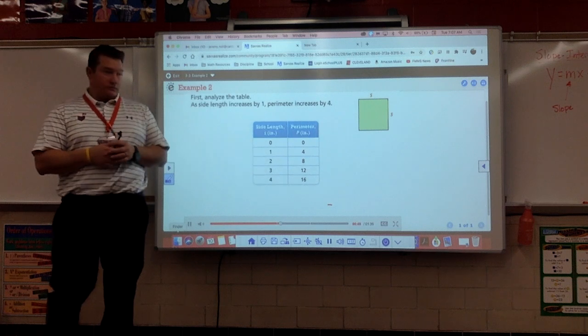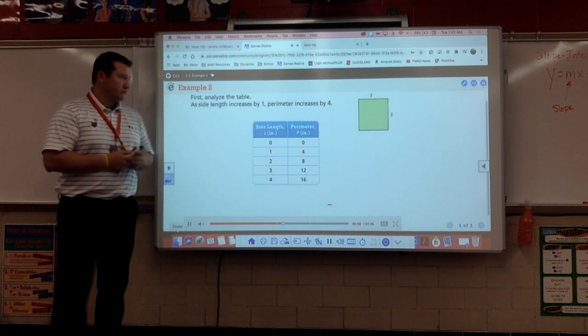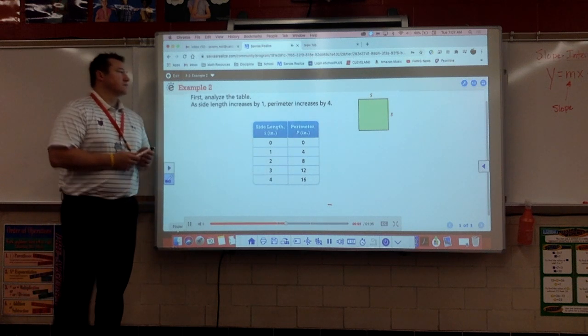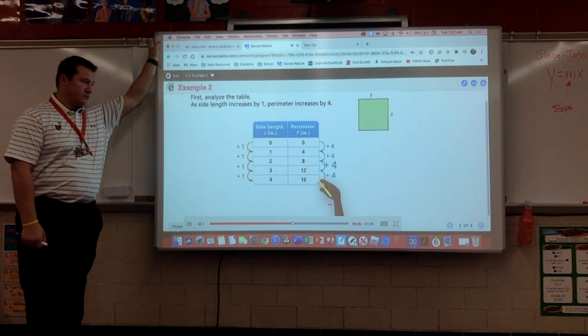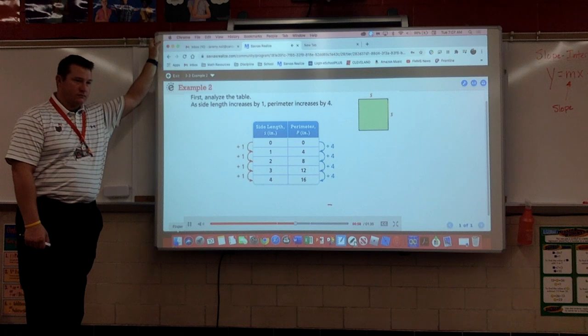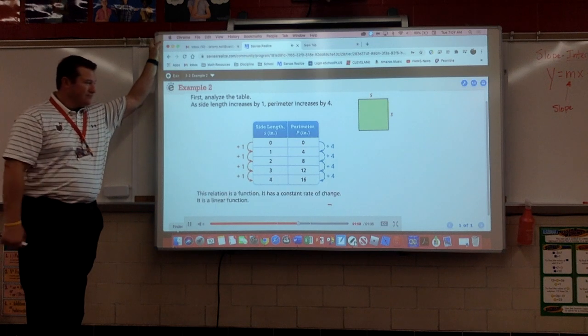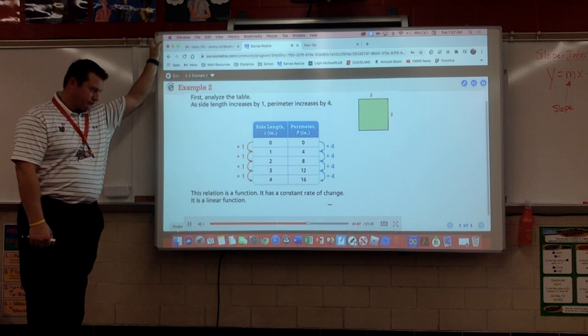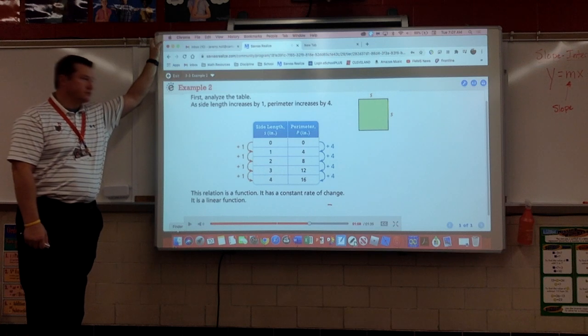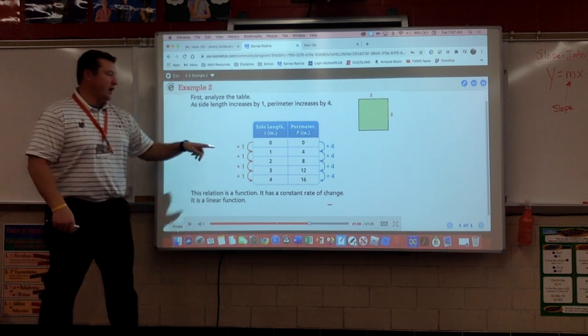First, analyze the table that compares side length and perimeter. Notice that as side length increases by 1, the perimeter increases by 4. This relation is a function. It has a constant rate of change. It is a linear function. So guys, this is what we talked about the other day.